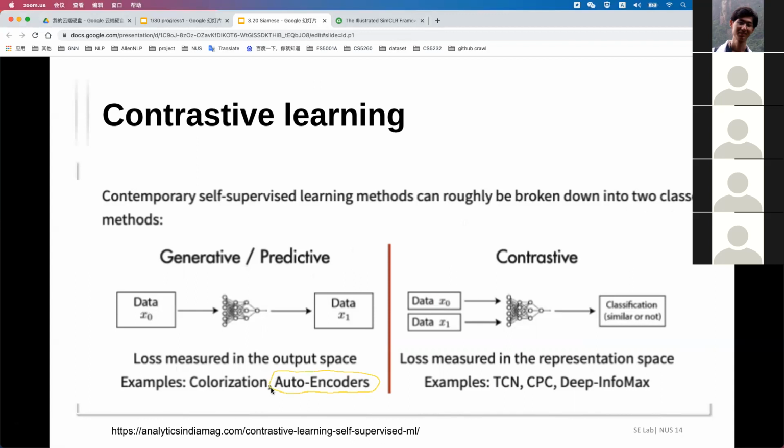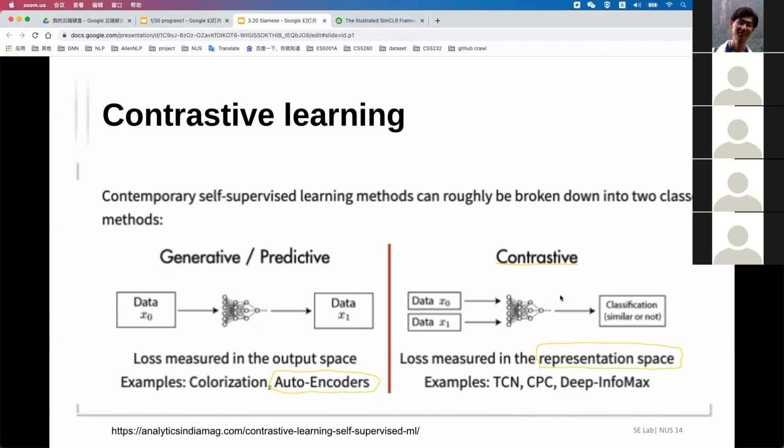I think you can understand because the loss in autoencoder models is measured in the output space, in the final layers. For contrastive learning, the loss is measured in the representation space.